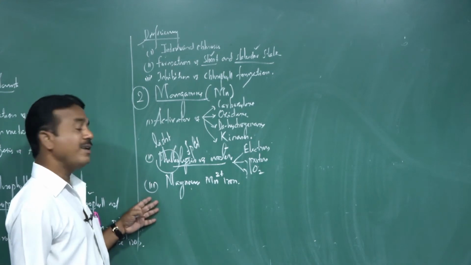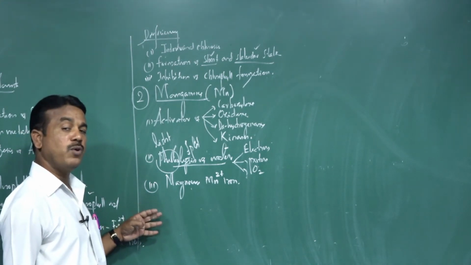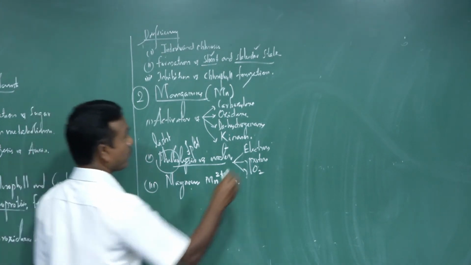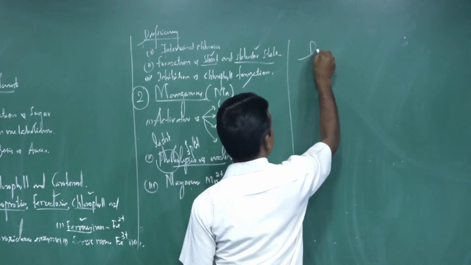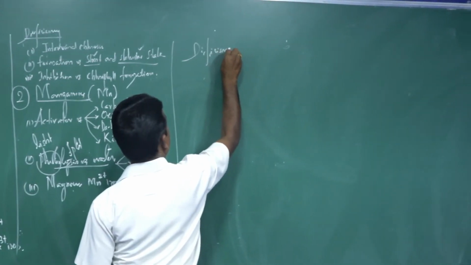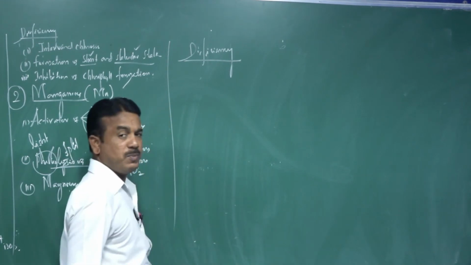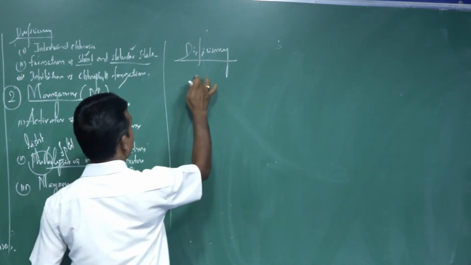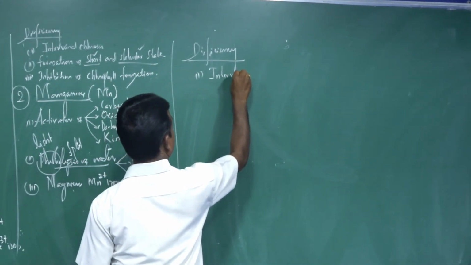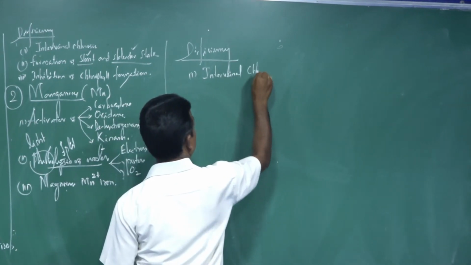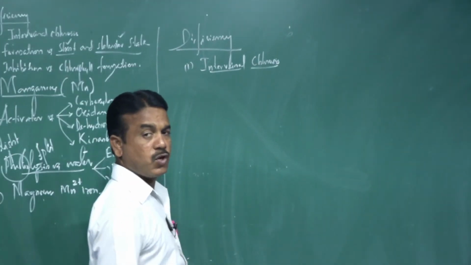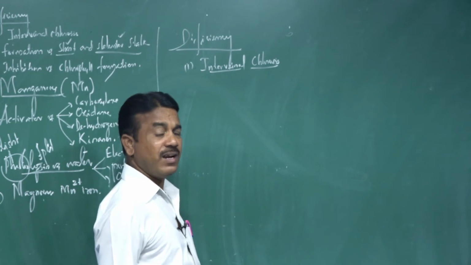If manganese is not available in the respective amount in the soil, the plant will go into deficiency. What type of deficiency arises in manganese? First of all, intervenal chlorosis. You know the meaning of chlorosis? Loss of chlorophyll molecules. What do I call intervenal?